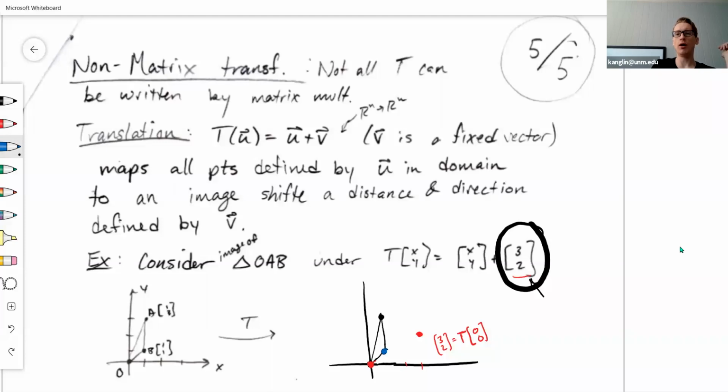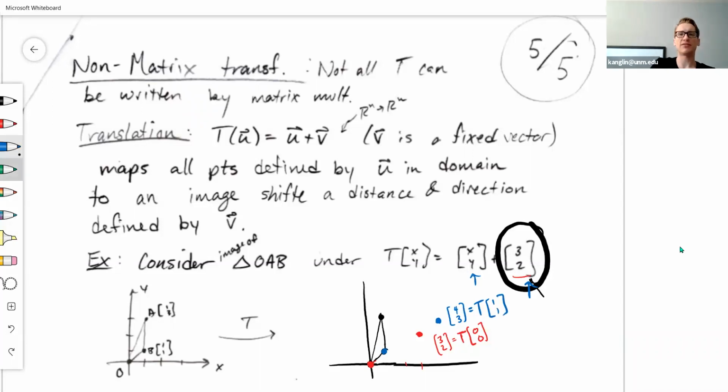Well, if I take 1, 1 and I add 3, 2, you can see where I go. All I'm really doing is translating by that same vector 3, 2. So I go 3 more in the x, 2 more in the y. It looks like I end up somewhere out here. That would be the point 4, 3. Yeah, it looks roughly believable. But that's T of 1, 1.